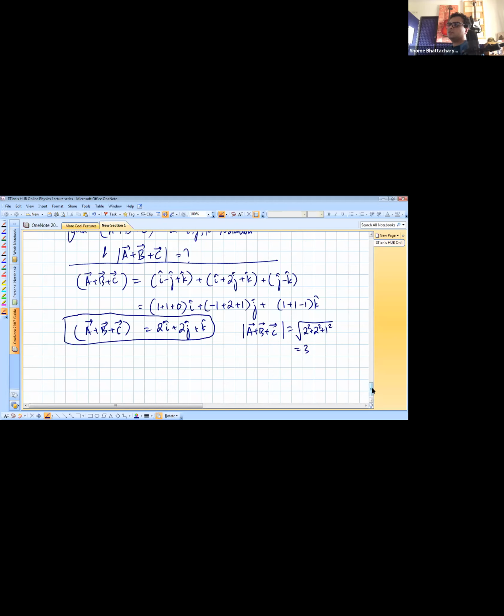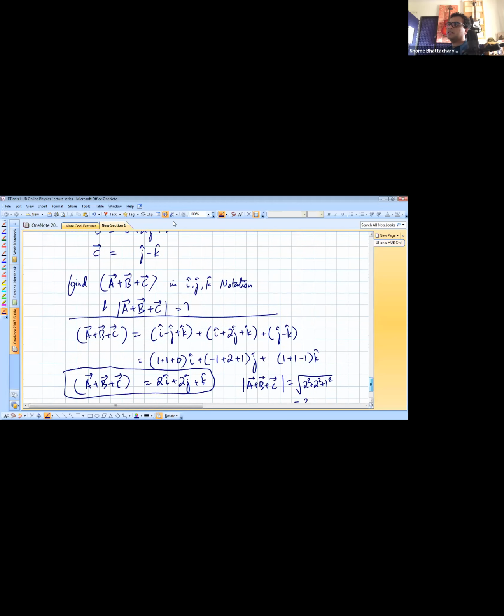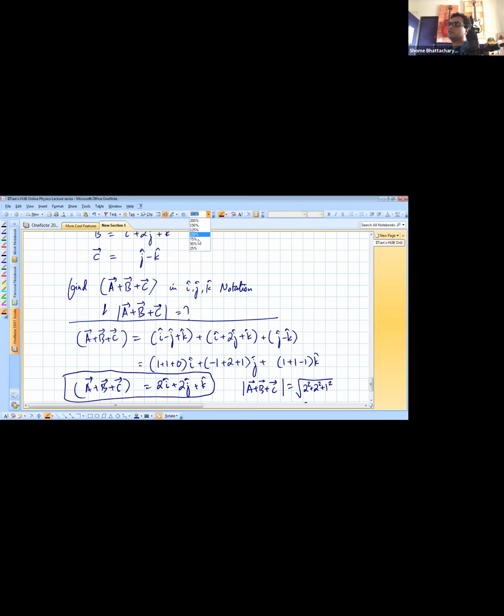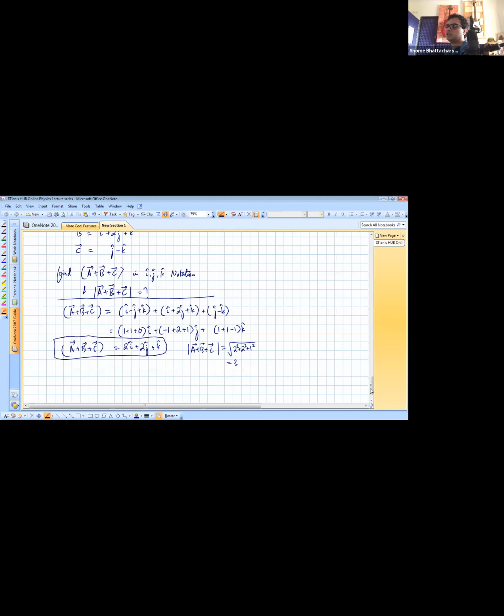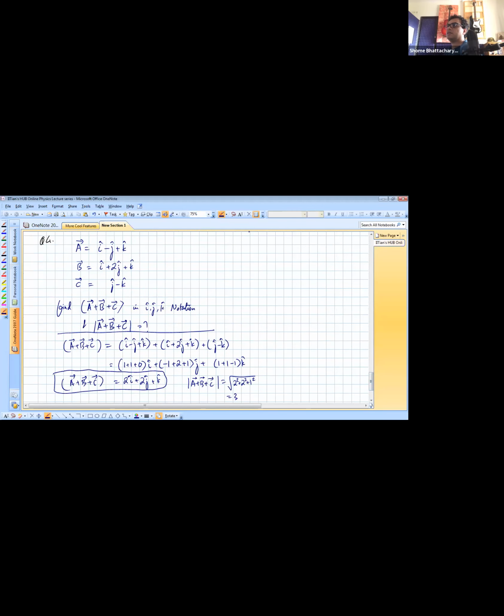So that's it. I mean, there's nothing more difficult in dealing with three-dimensional components. There's nothing more difficult than anything you've seen before. Just need to keep in mind that the magnitude of a vector becomes square root of x square plus y square plus z square. Okay, now let us do a problem which is a little bit about visualization in 3D.